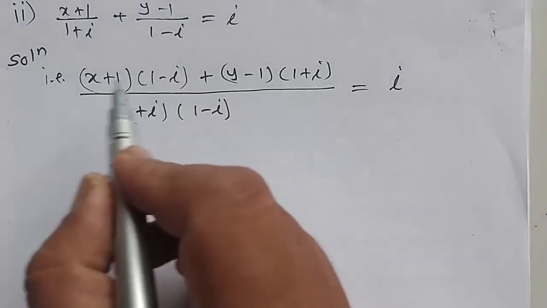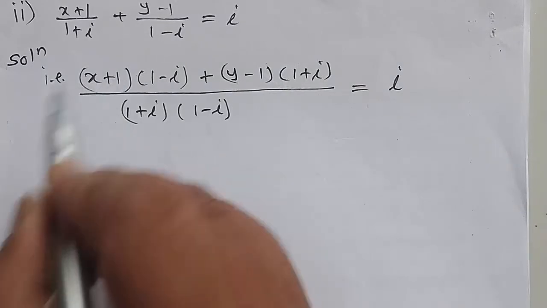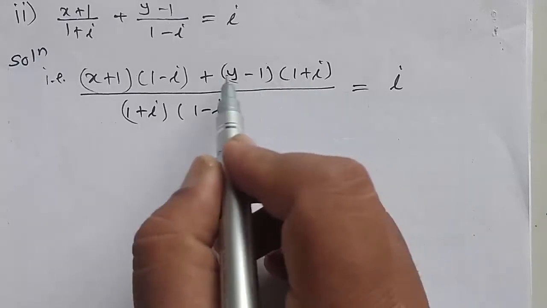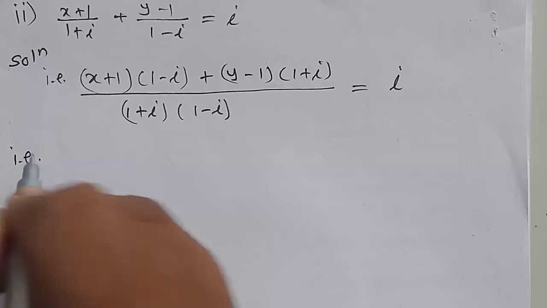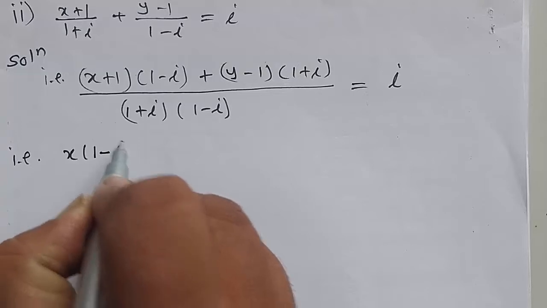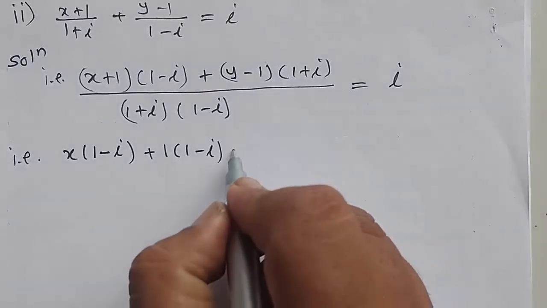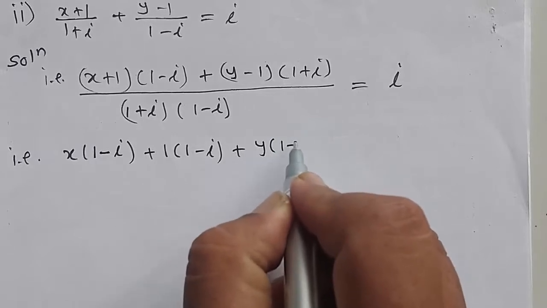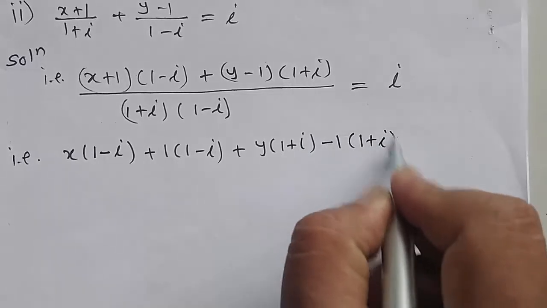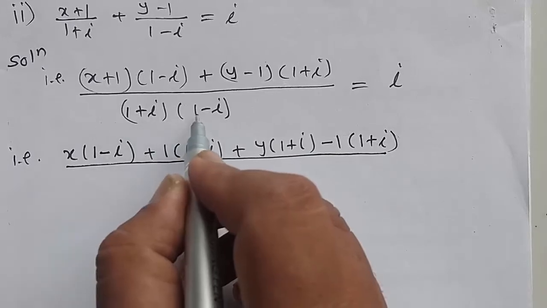Now we multiply each term of this bracket, similarly each term of the other bracket: x into (1 - i) plus 1 into (1 - i) plus y into (1 + i) minus 1 into (1 + i), divided by (1 + i)(1 - i).